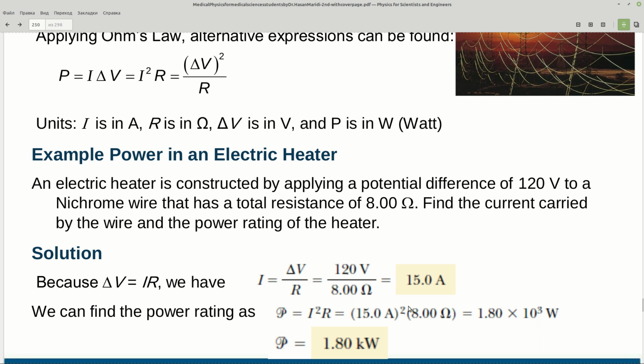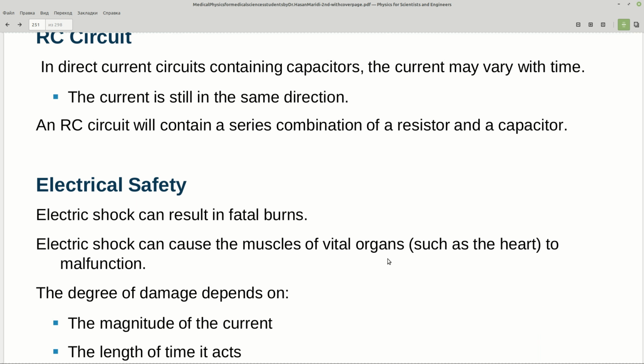A live wire could cause different muscle malfunctions, depending on exactly which muscle. If it's the heart, it will be a malfunction of a vital organ. If it's just the arm, you could have a fatal burn of the arm, but it wouldn't be absolutely fatal.